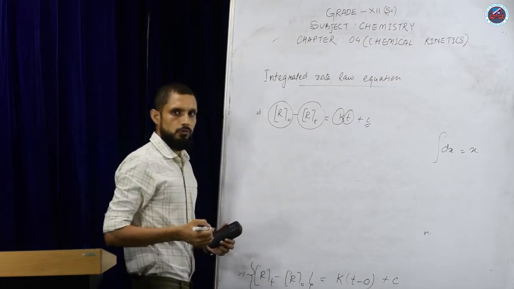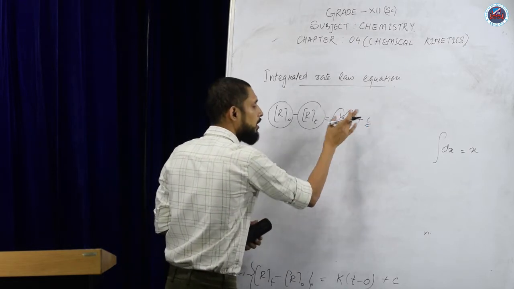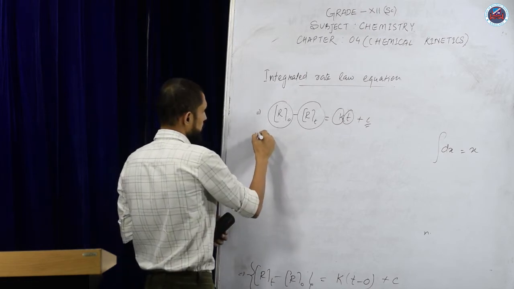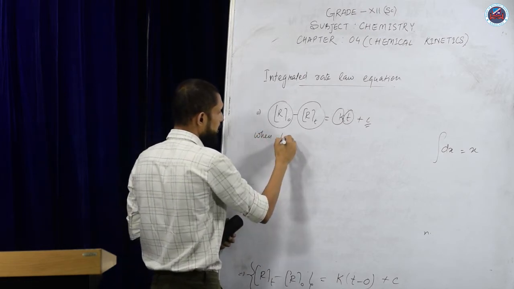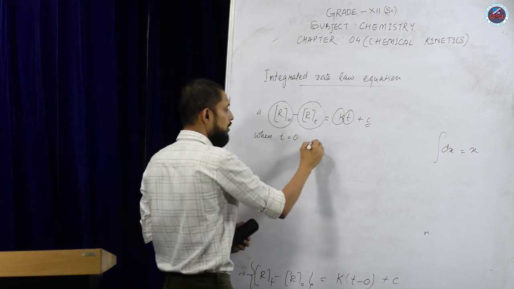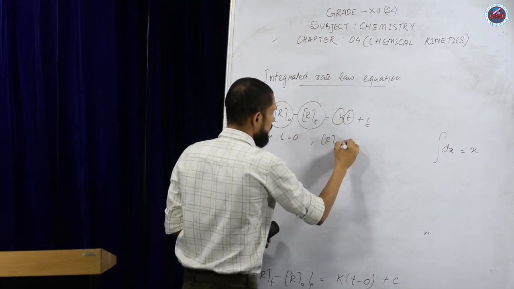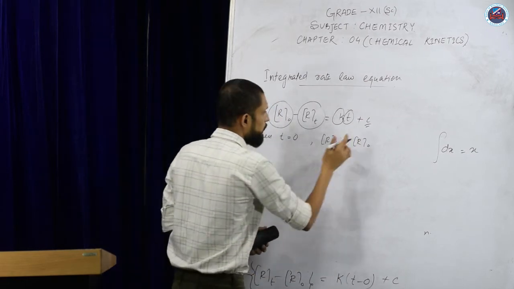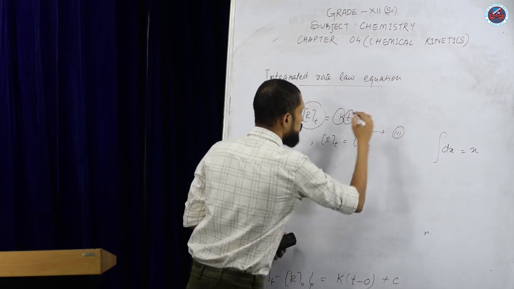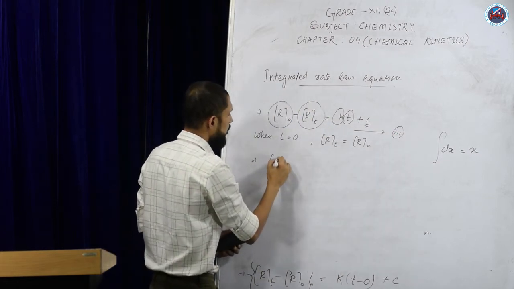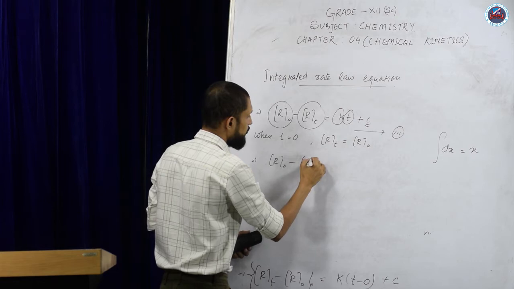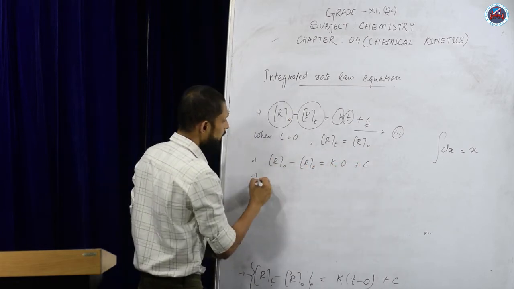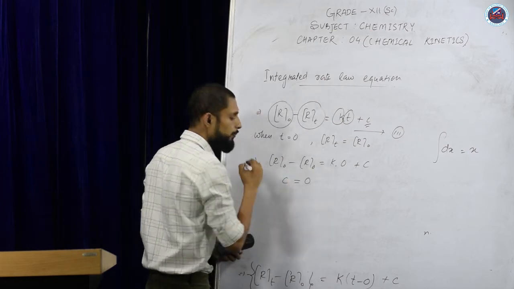So in the next step, we try to remove the integration constant C from the equation. When time t is equal to 0, RT is equal to R0. So if you substitute these values in equation 3, we'll get R0 minus R0 equal to K multiplied by 0 plus C. So from here we'll get C equal to 0.